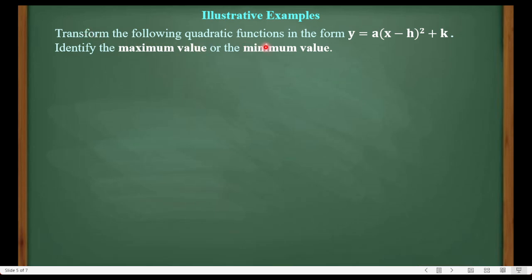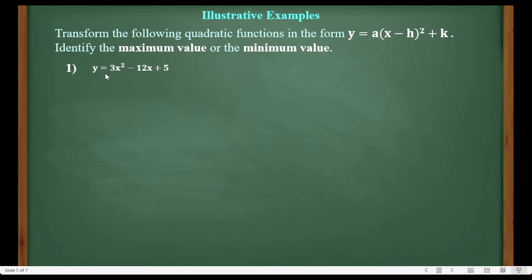Transform the following quadratic functions into the form y equals a quantity x minus h squared plus k. Then, identify the maximum value or the minimum value. Number 1, suppose we have this quadratic function which is already written in standard form.